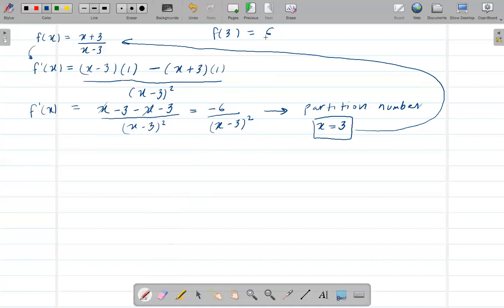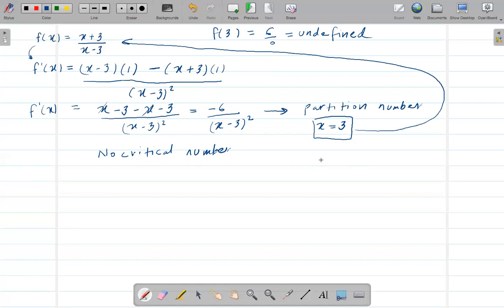So again, this is undefined. So this means this is not a critical number. So in this case, there is no critical number.